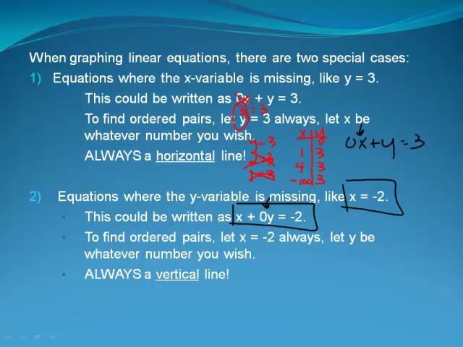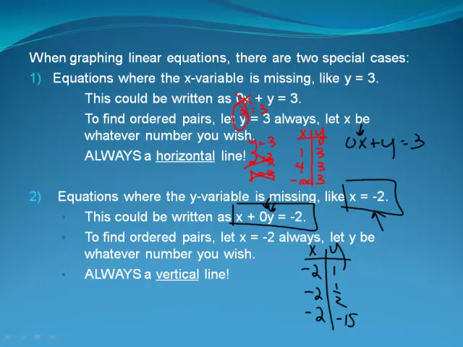Okay, so to find ordered pairs, just like before, the only thing that's going to make this equation true is if you let x be negative 2. If you put anything else in for x, you get a false equation. So x has to be negative 2. Y, though, can be anything you want. You could let it be 1, you could let it be 1/2, you could let it be negative 15. Doesn't matter, because if you put those y values in here, 0 times anything is 0, and it's not going to count anyway.